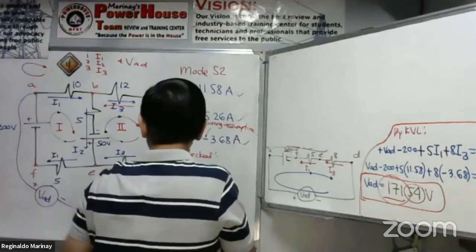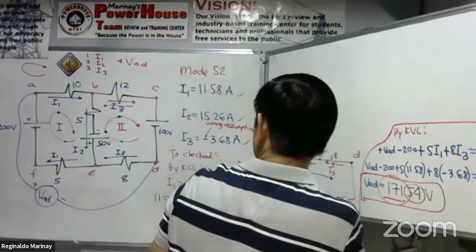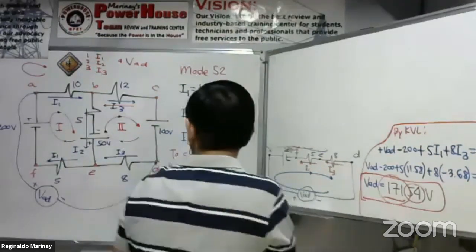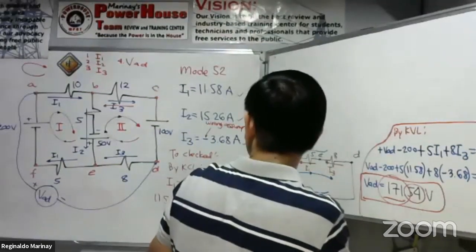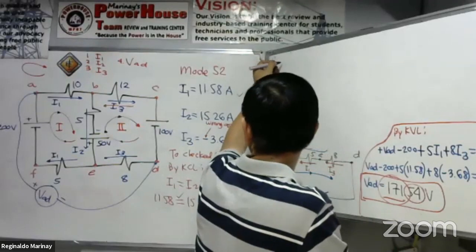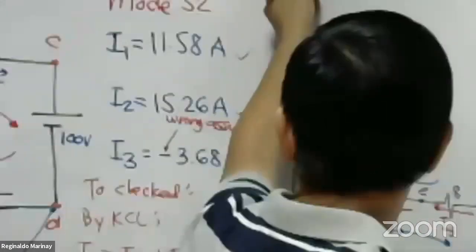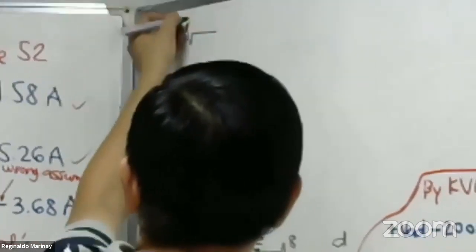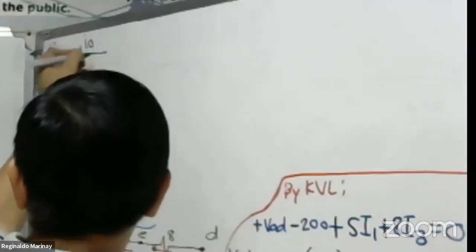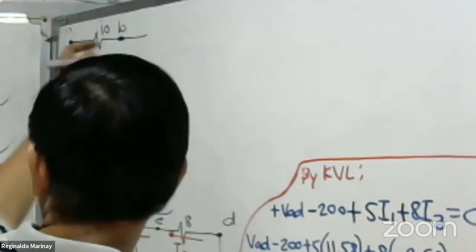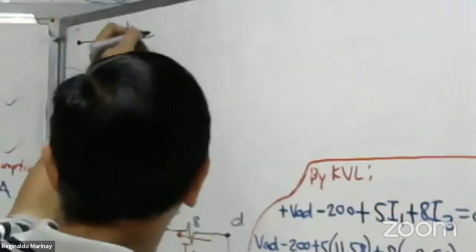So, let's have the circuit tracing. I will use A, B, E, D. Oh, take a look, ha? Let's look, everyone. Oh, this, ha? Point A, then we have 10 ohms. Let's say this is our point B. The point B is connected to the 5 ohm resistor.